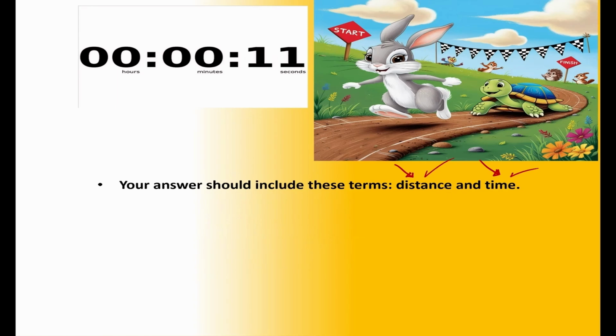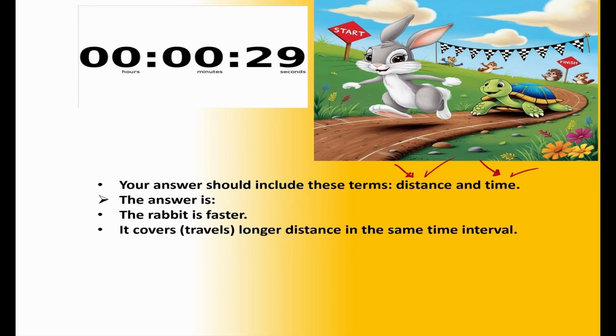For example, here, the rabbit covers longer distance, so the rabbit is faster. Again, why? Because it covers longer distance in the same time. Good. What if they cover the same distance?